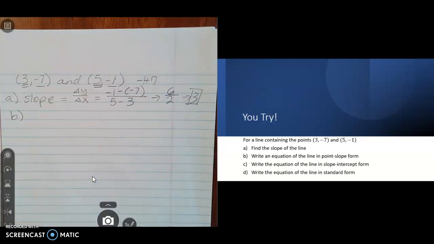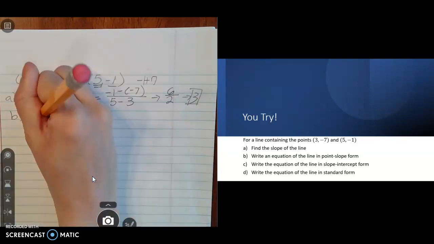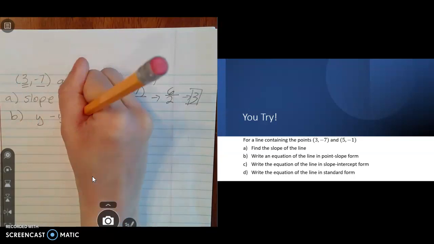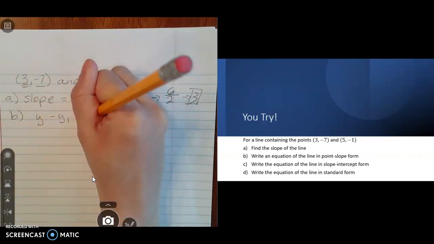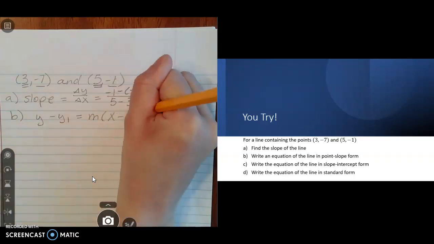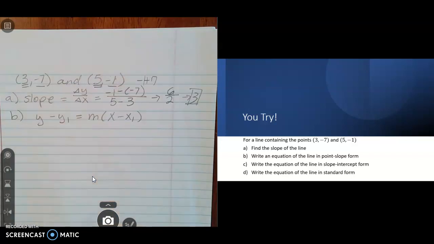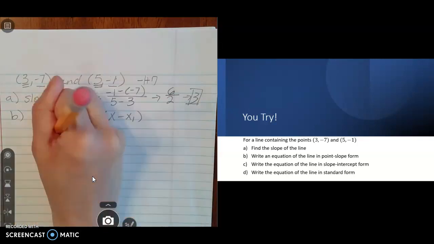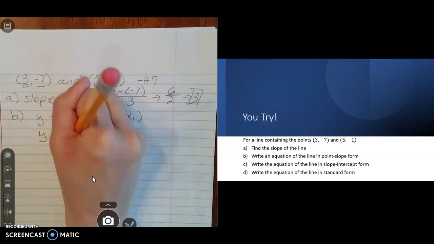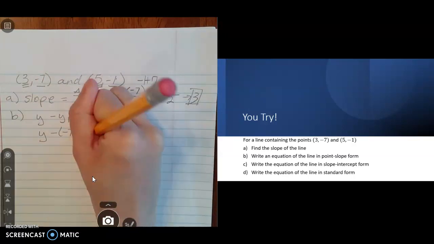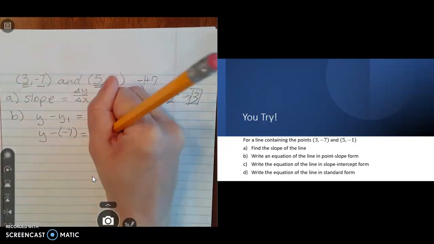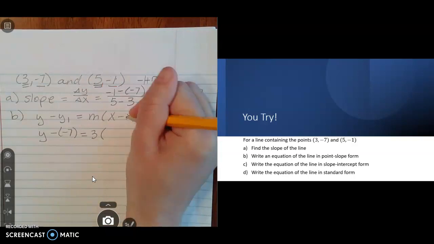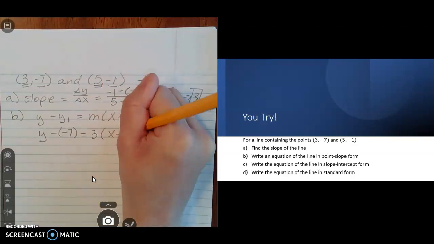Next step is writing an equation of the line in point-slope form. Point-slope form looks like y minus the y coordinate equals our slope times x minus the x coordinate. It doesn't matter which point you use, but you just need to be consistent with it. If you chose the first point, you would have y minus -7, or y plus 7, equals our slope, which we just found is 3, times x minus 3.